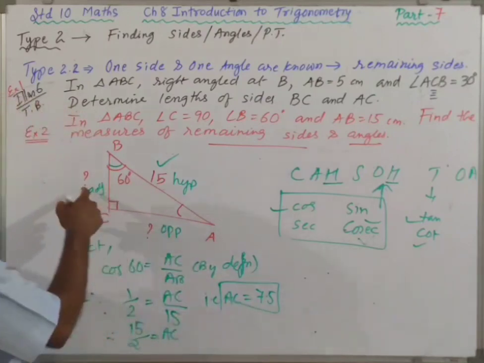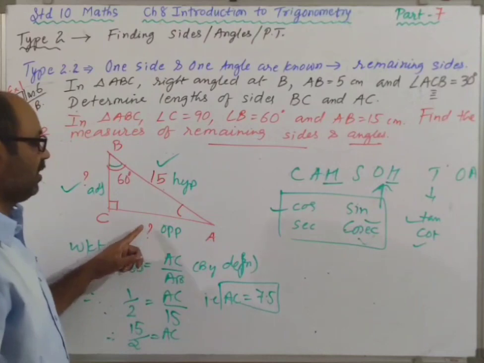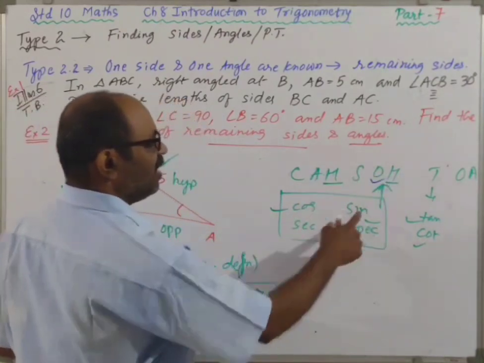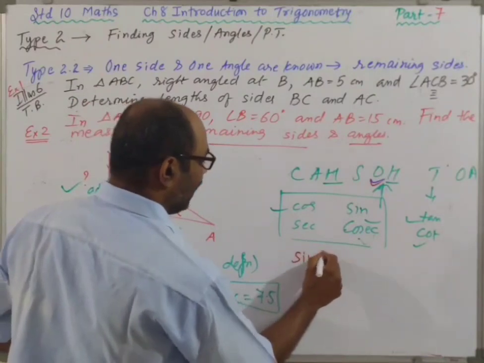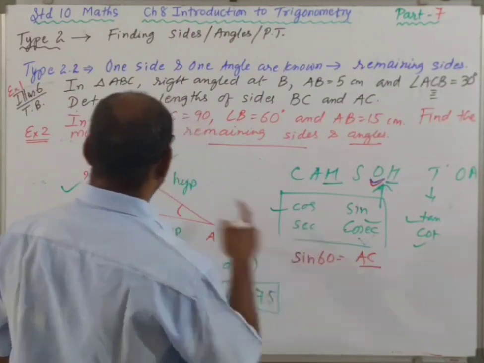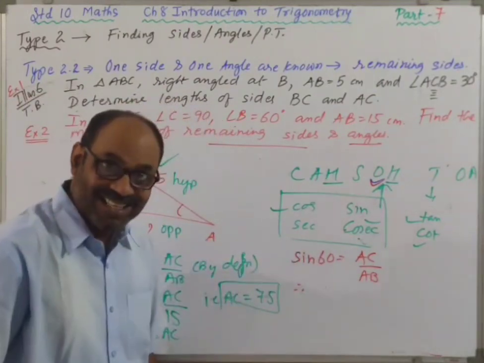So you got AC, 7.5. Now we have to find the other side, which is opposite. So involve opposite. The opposite one is sin. So what is sin 60? Opposite side upon hypotenuse AB. Now you should know what is sin 60.